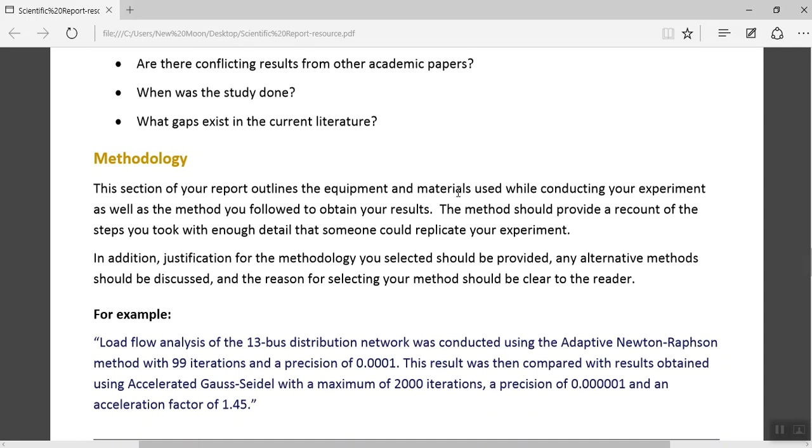For example, how are you going to build your laptop? How are you going to design your software? How are you going to conduct your research? That is called methodology. In the methodology, you first have to express your tools, meaning equipment and material.